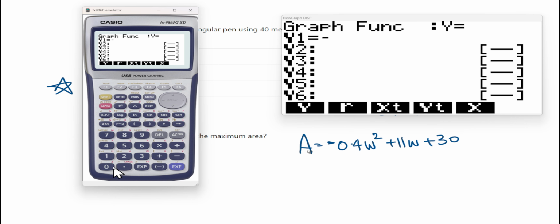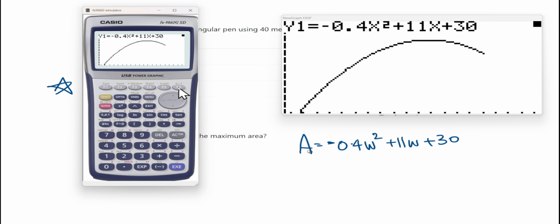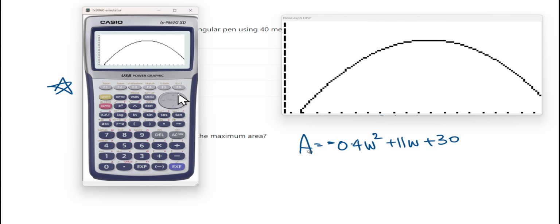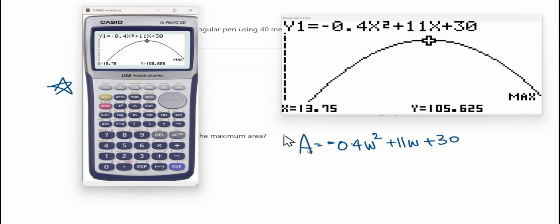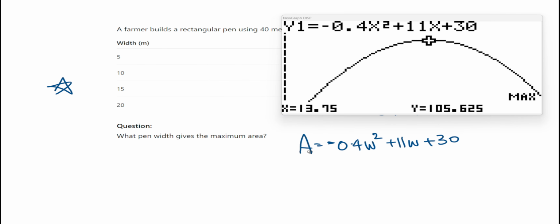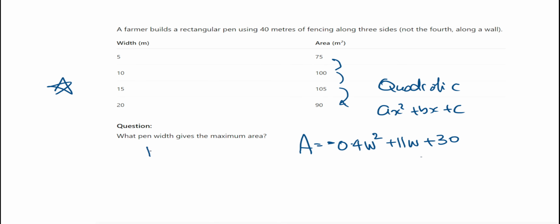So minus 0.4, and there's no W button, so we're going to use X plus 11X plus 30. I'm going to put it in, I'm going to draw it, and there's our nice parabola. G-solve, we want to find the maximum value, and it's found it there. So 13.75 and 105.625. Meters squared is our final answer.